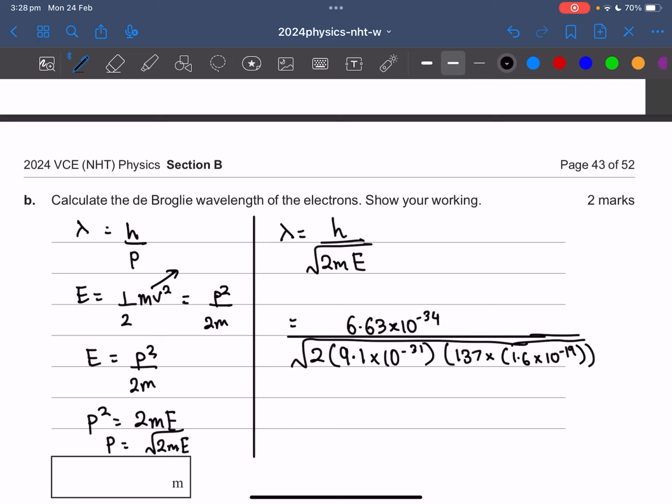Okay, so putting all of that in our calculator: square root of 2 times 9.1 times 10 to the minus 31 times 137 times 1.6 times 10 to the minus 19.